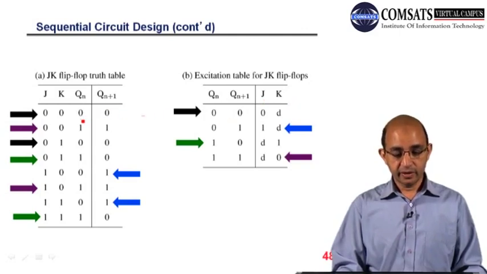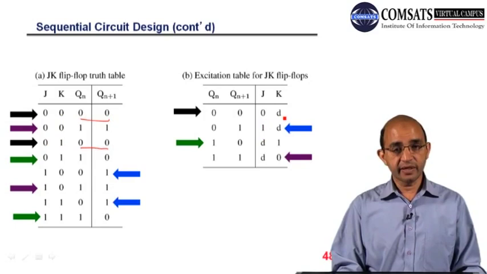If I look for zeros, for those zeros, JK 0 0, and here we have 0 1. So J remains 0, but K can be either 0 or 1. So what I can do, I can place a D mentioning don't care. So you can place a 0 or a 1.